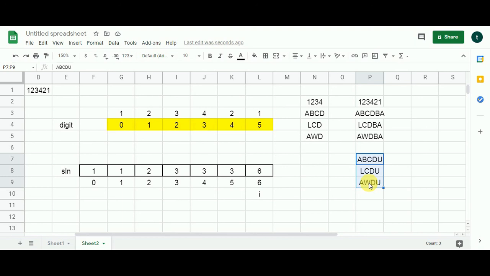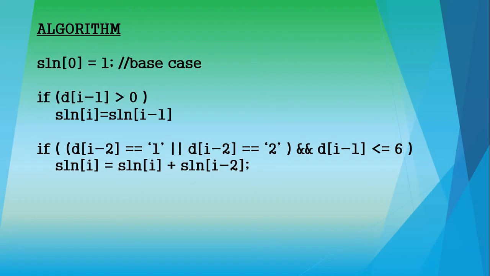Now, since we have solved this problem using dynamic programming, let's take a look at its algorithm. So this is the base case in which we are assigning 1 to index 0 of our solution array, the base cell. Then over here, we are just taking the value of the previous subproblem and assigning it to the current cell.